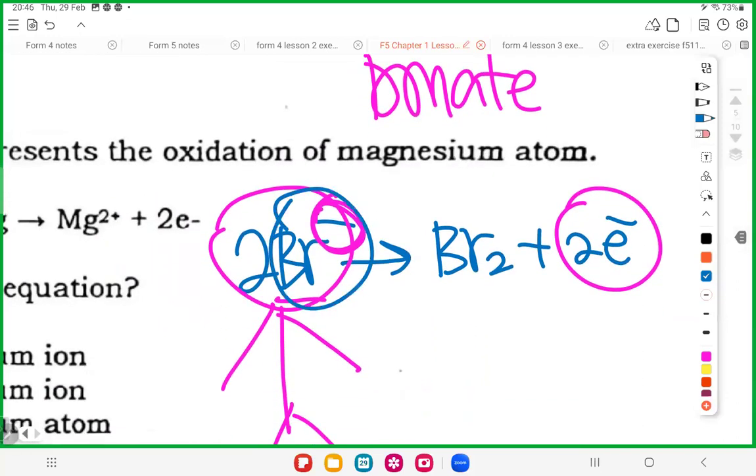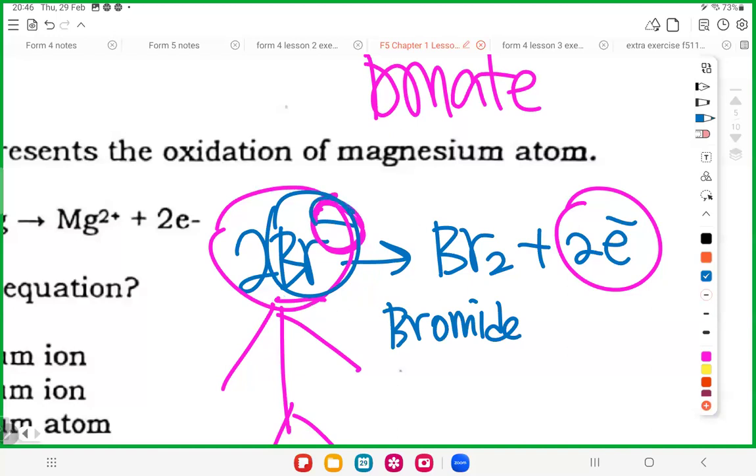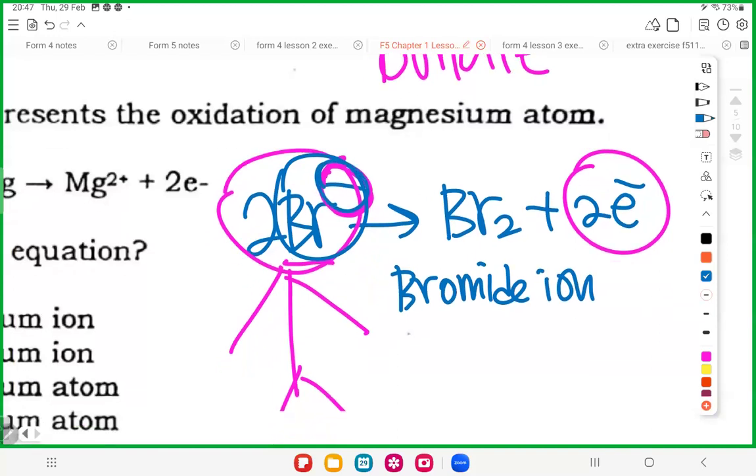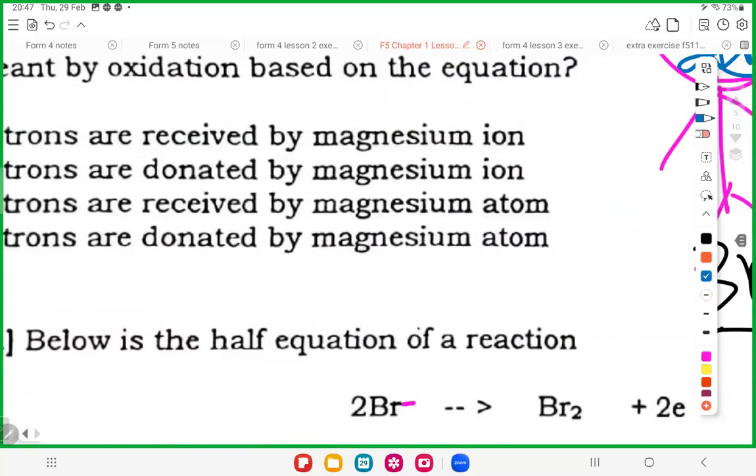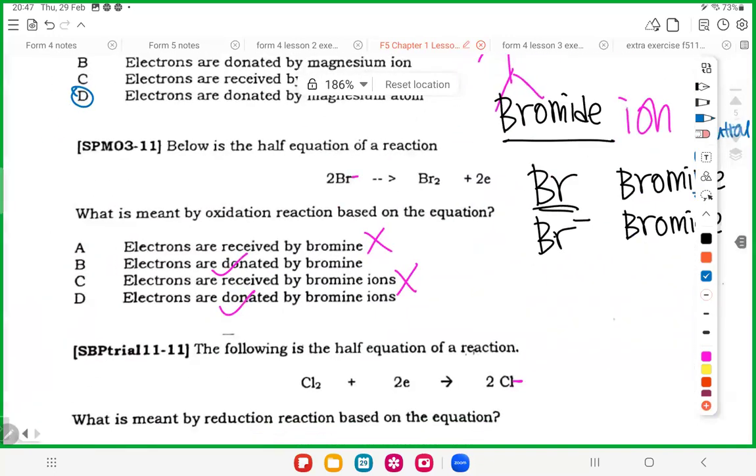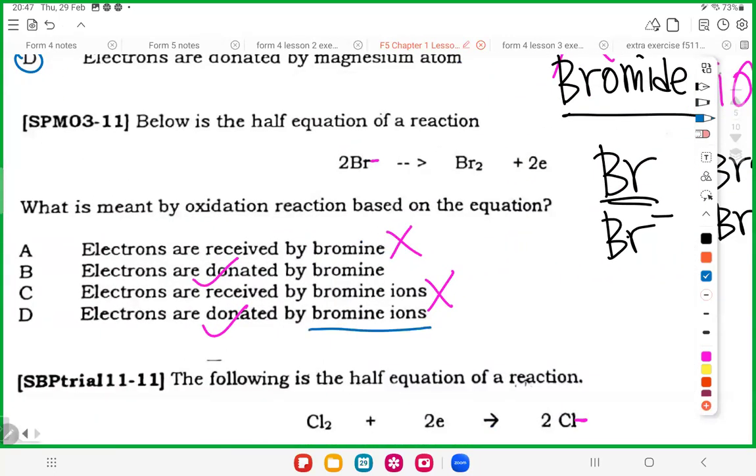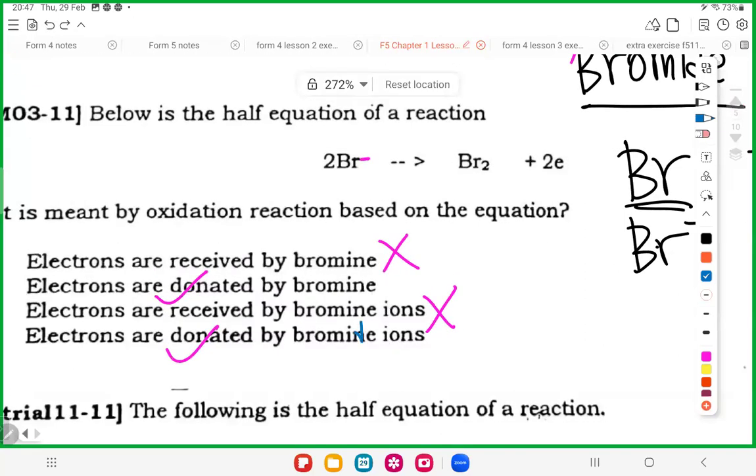So who throws the electron? This fella. This fella has a charge, bromide. When you have a charge, it is called an ion. So who donated should be bromide ion. But can you see a mistake here? They wrote bromine ion. So actually, they should write bromide ion, but no choice. This is the best answer.